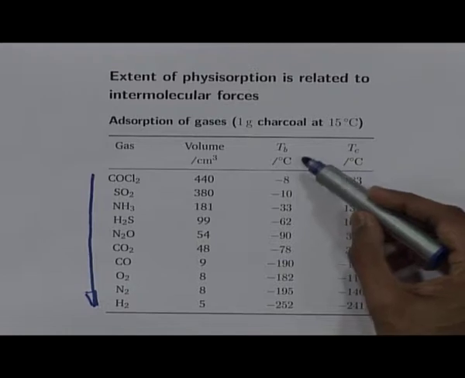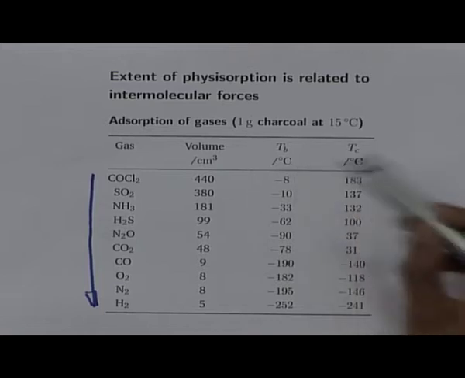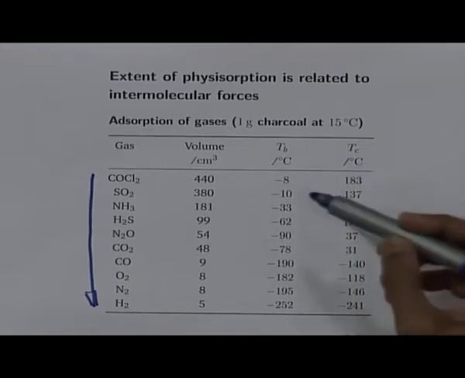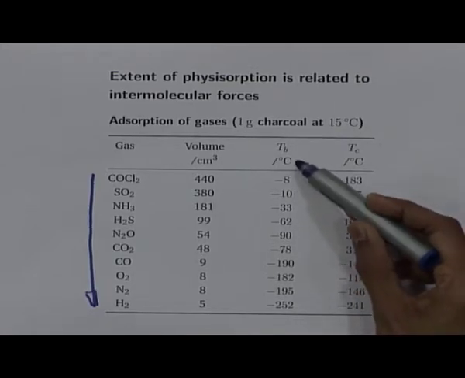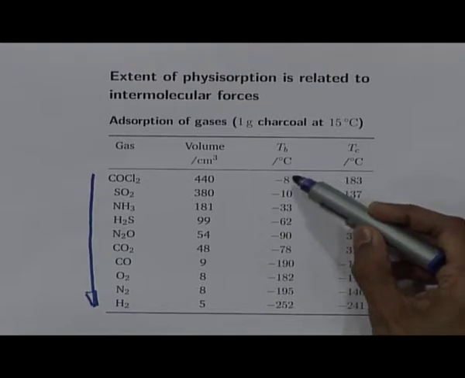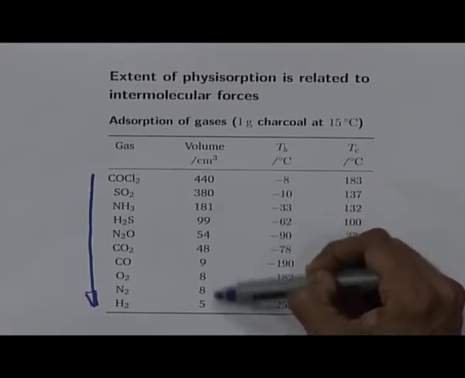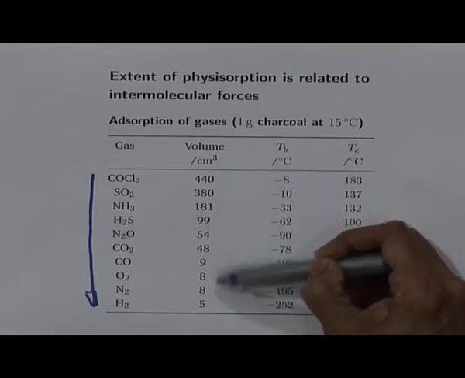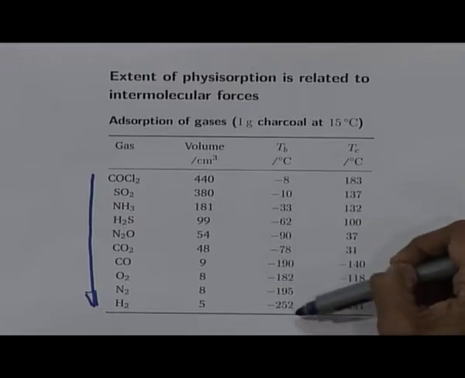And for comparison, I have given here the boiling point in degrees Celsius and also the critical temperature in degrees Celsius. And you will see that there is a reverse trend. The boiling point of phosgene is minus 8 degrees Celsius and it goes down in the same order. As the volume decreases here, so does the boiling point of the various gases.